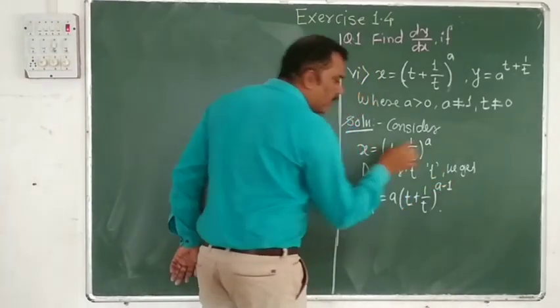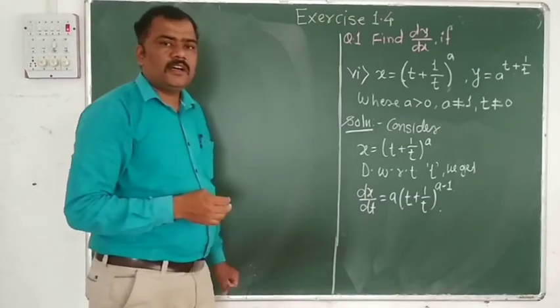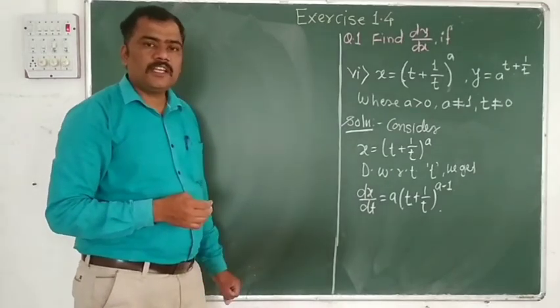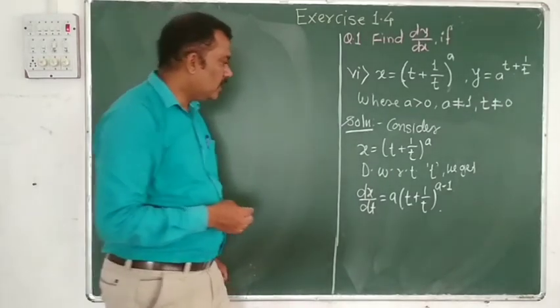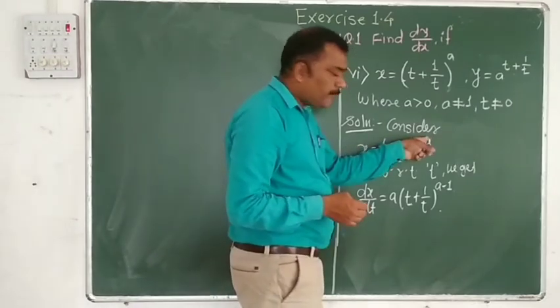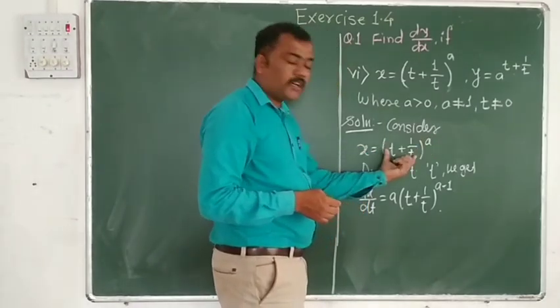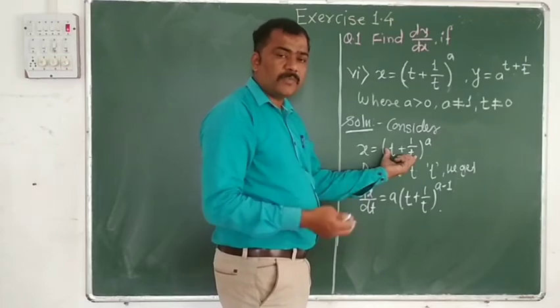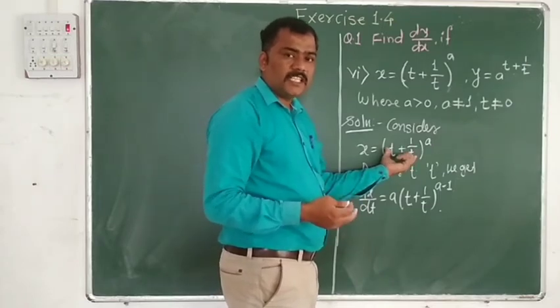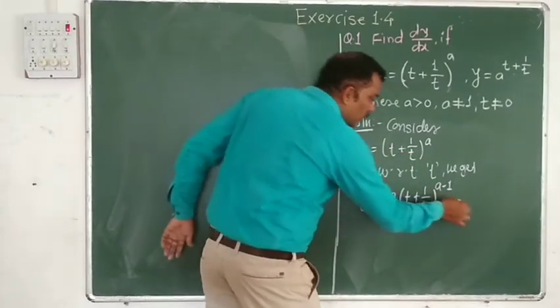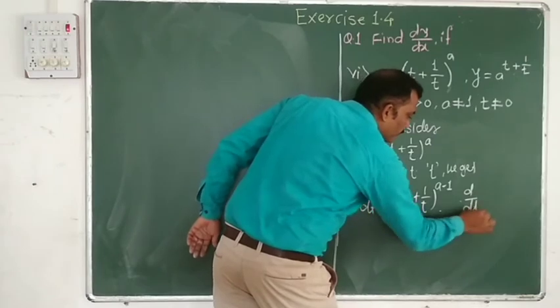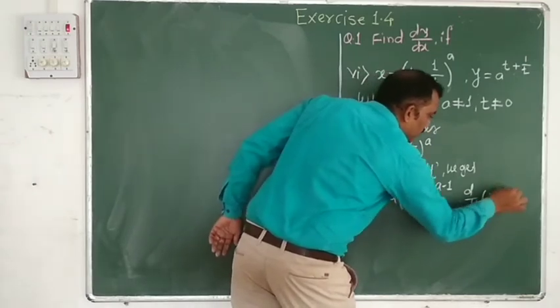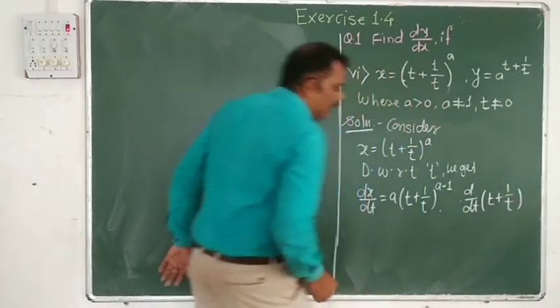From the power we subtract 1 by using the standard formula related to the power function. First of all, we keep the finger on the power. Now we keep the finger on the base. Now we have to differentiate this base with respect to t, so into d by dt of t plus 1 upon t.